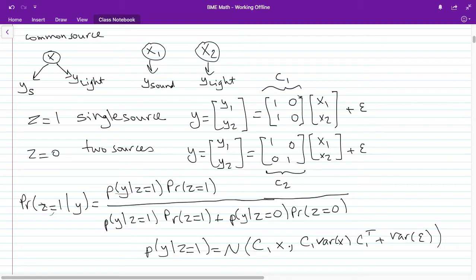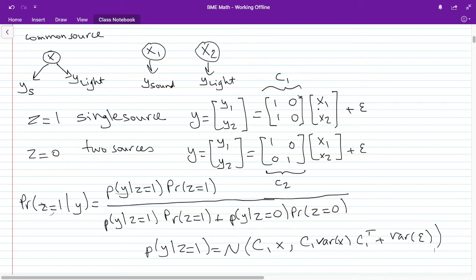So the mean of this conditional distribution is just C1 times X, which is, if you measure two things, Y1 and Y2, how close are they to X1?